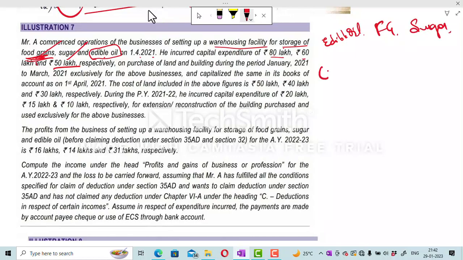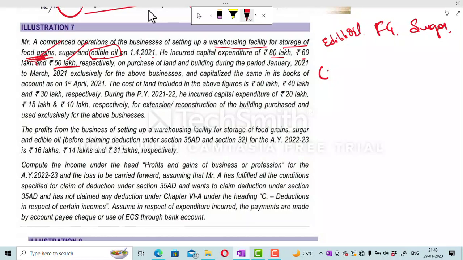We have made expense, what we call capital expenditure, of 80 lakhs, 60 lakhs and 50 lakhs. See, 100% deduction is available only for specified businesses. What should other businesses do? Like normal business, if they invest in some expenditure, they need to take the depreciation on them.